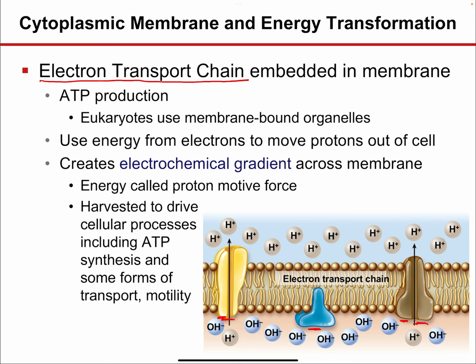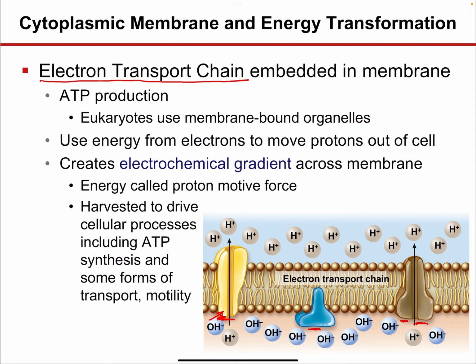Now, when electrons are transferred to an electron carrier here, that electron carrier is going to suck energy out of the electron. As it sucks energy out of the electron, this is going to power the pump.